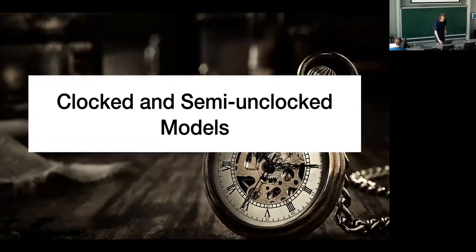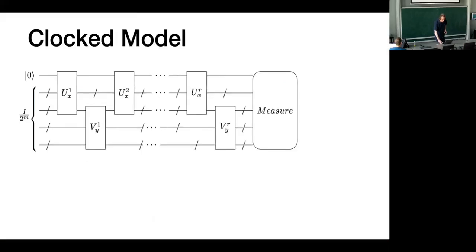Now, what are these clocked and unclocked models? Basically, the clocked model works like this. You have your clean qubit, you have your mixed qubits, and then Alice applies a unitary, some communication takes place, Bob applies a unitary, some communication takes place, and so on.